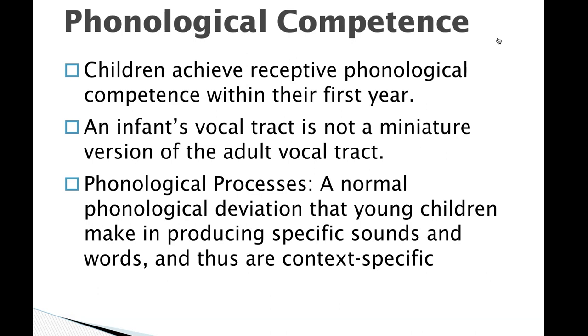So children will often front and not have any K or G sounds until they're about 3 or 4 or 5. So that would be a phonological process, and it's normal for young kids not to do it, unless time goes on and they're still not able to do it when they're 5 and 6 years old.